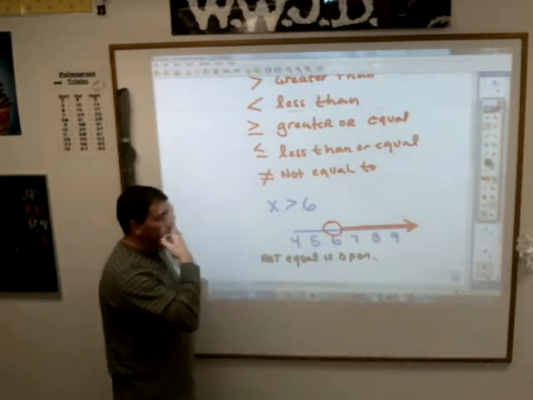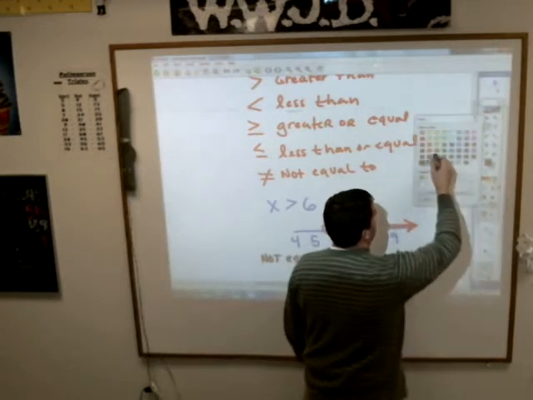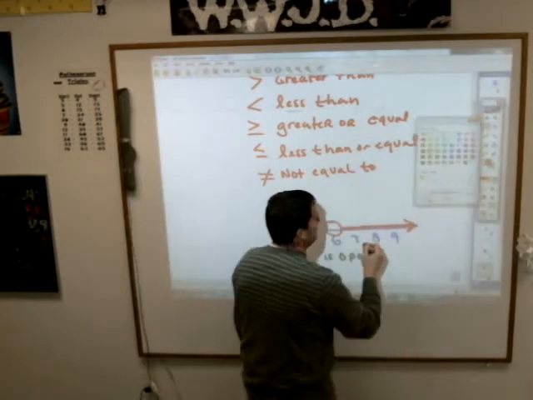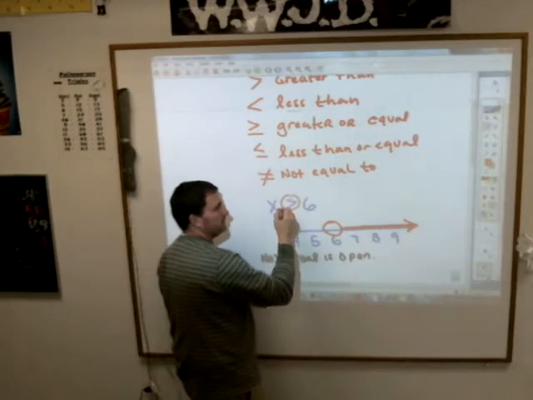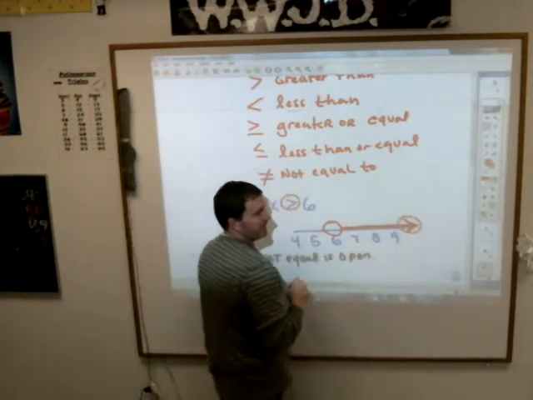Another helpful little hint that I found over the years, a good little check to make sure you did it right, is this. You'll note that this greater than sign is the same as that arrow there.